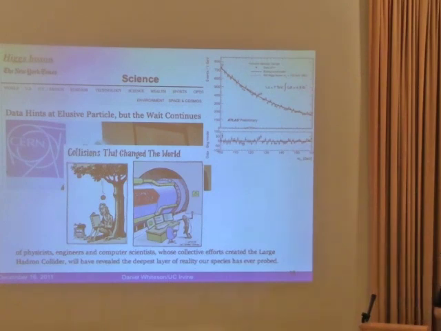Because God plays dice with the universe, right? Because it's quantum mechanical. So there are physical laws. It's not totally random. There are physical laws that say this will be produced 5% of the time. You'll see this 20% of the time. You'll see this 60% of the time. For an individual collision, a dice is rolled, and you get what you get. You never know for an individual collision. It's not deterministic. It's quantum mechanical.